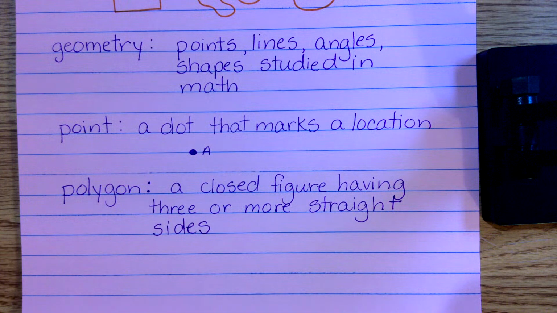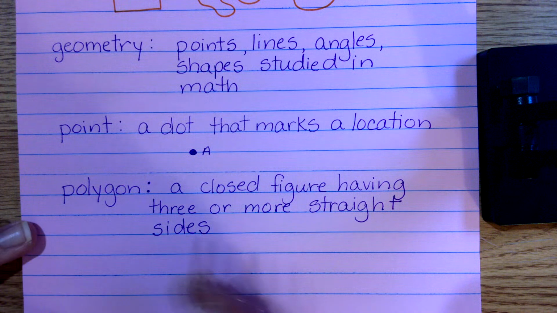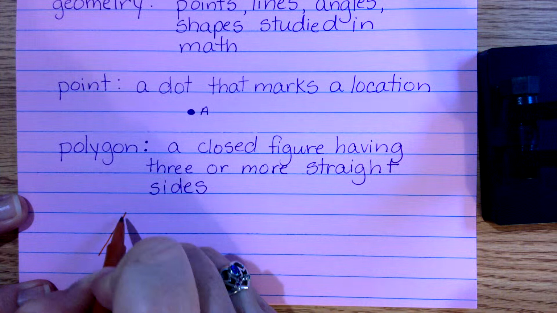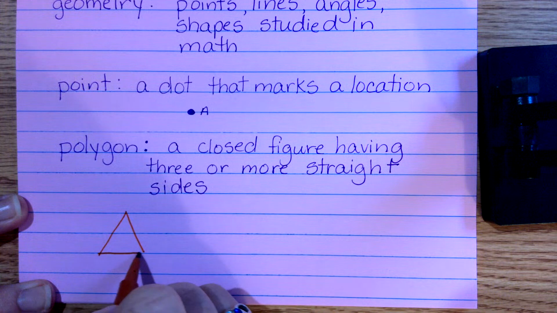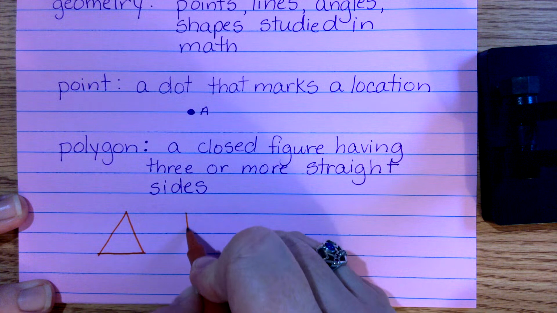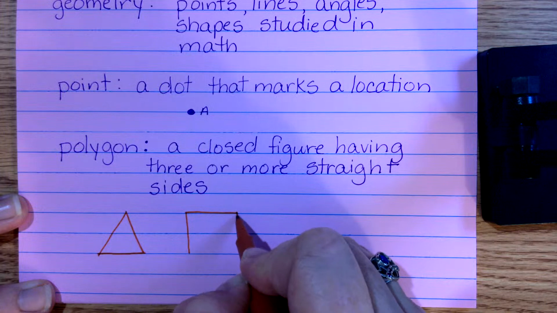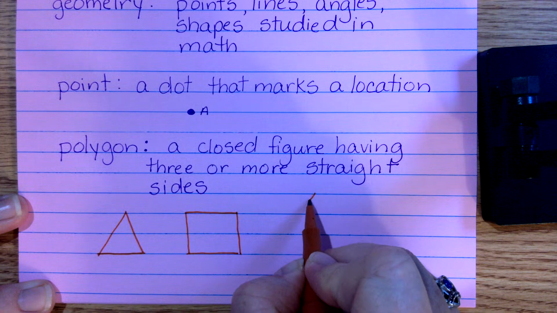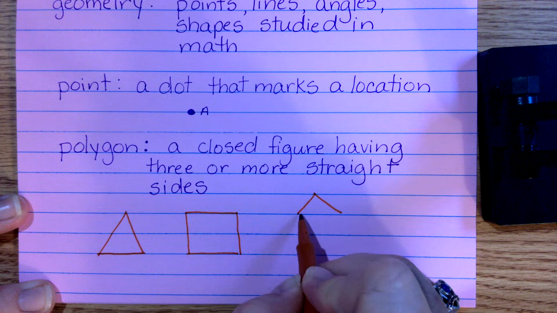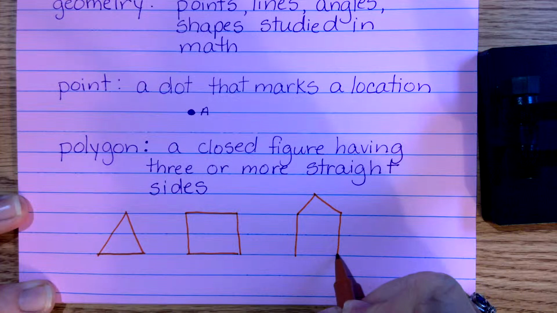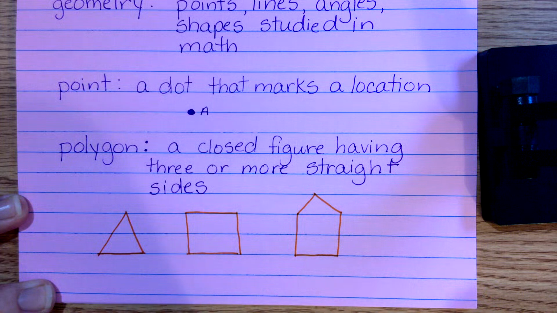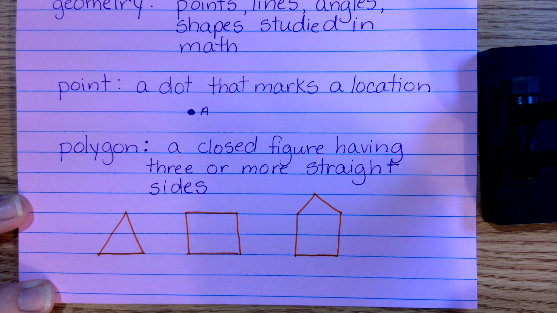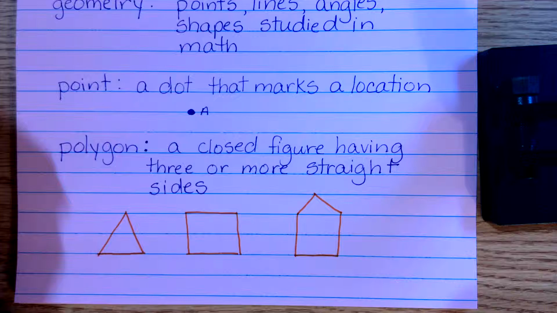So some examples of polygons would be a triangle, a square, a pentagon, an octagon, a hexagon, all of those.